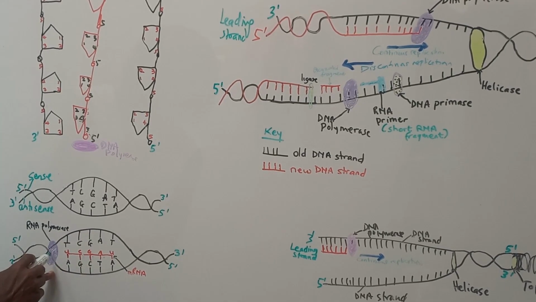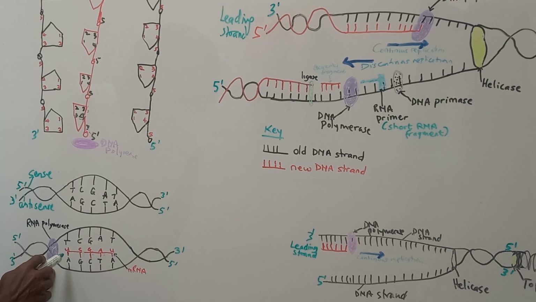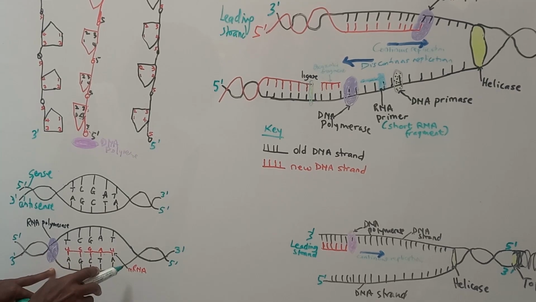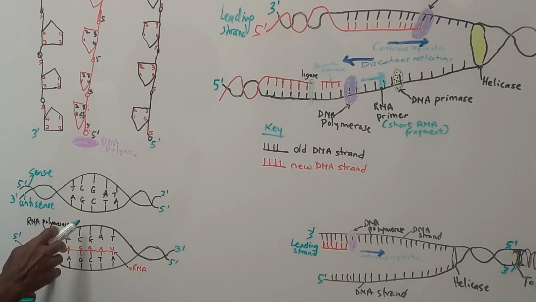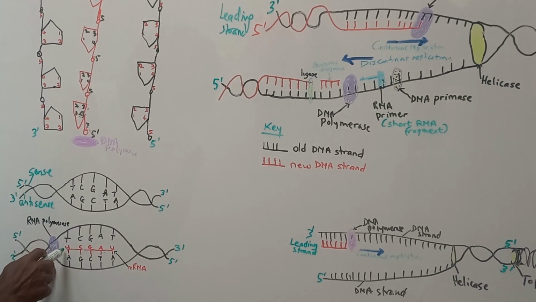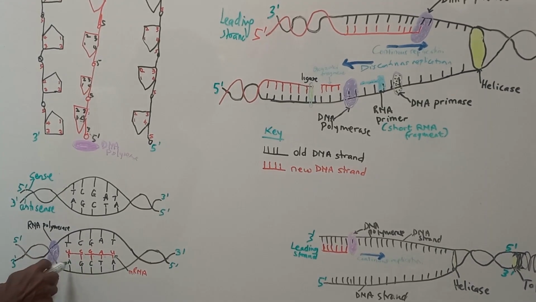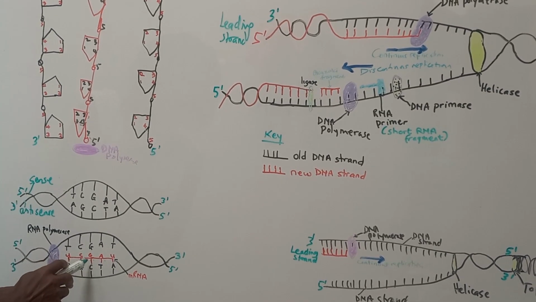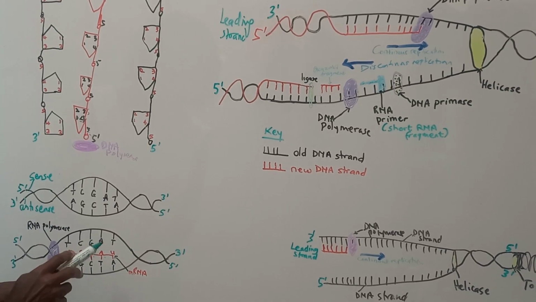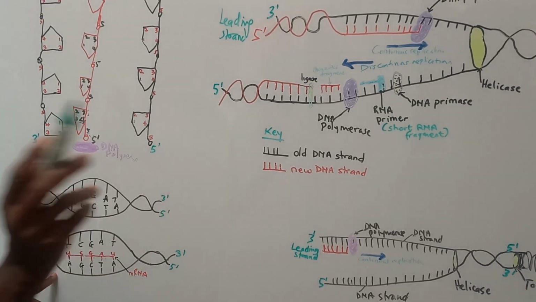And RNA polymerase can move on single strands. That is why when the DNA is opened, RNA polymerase can move on only one strand to form an RNA. But DNA polymerase cannot move on only one strand.